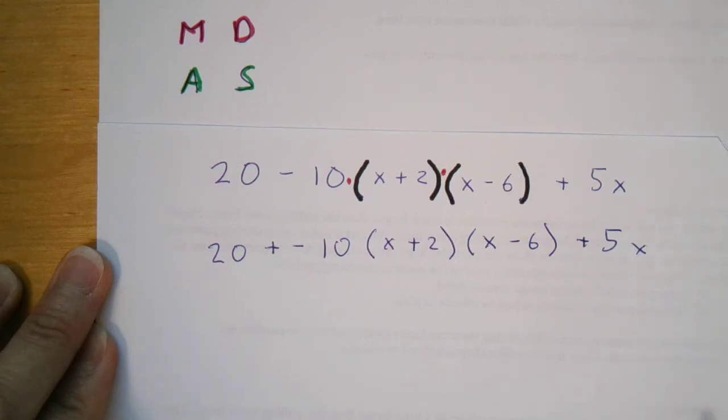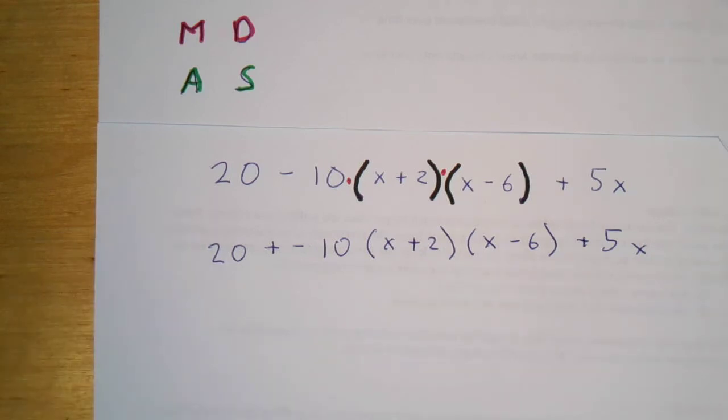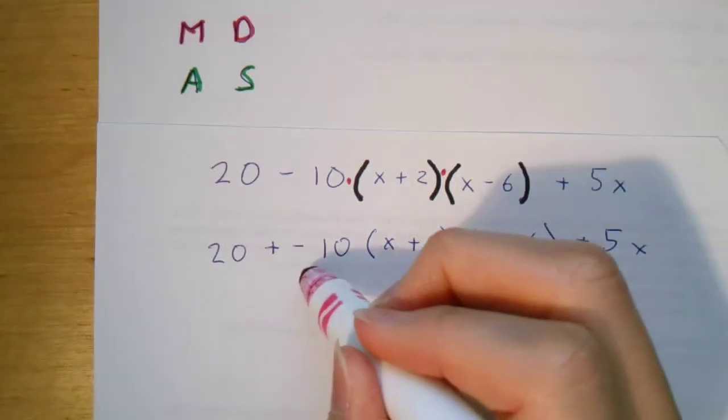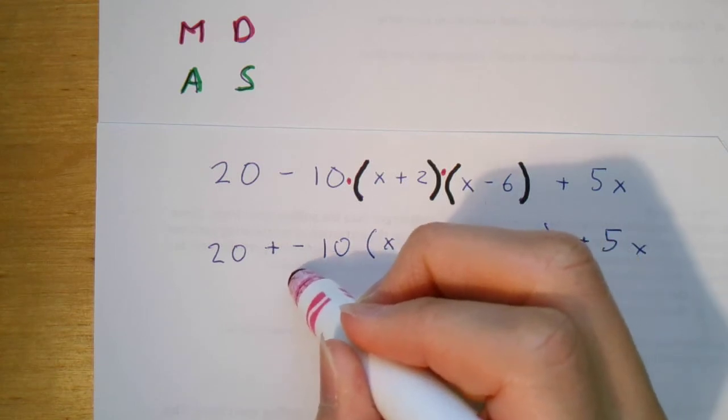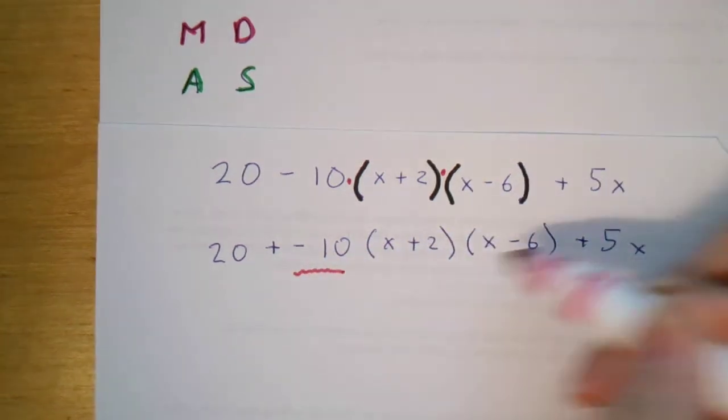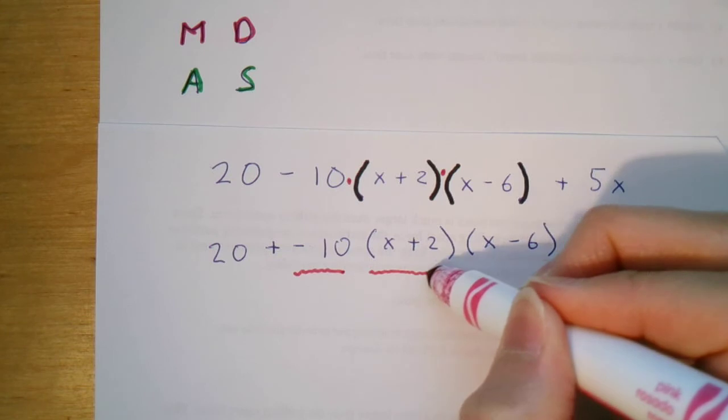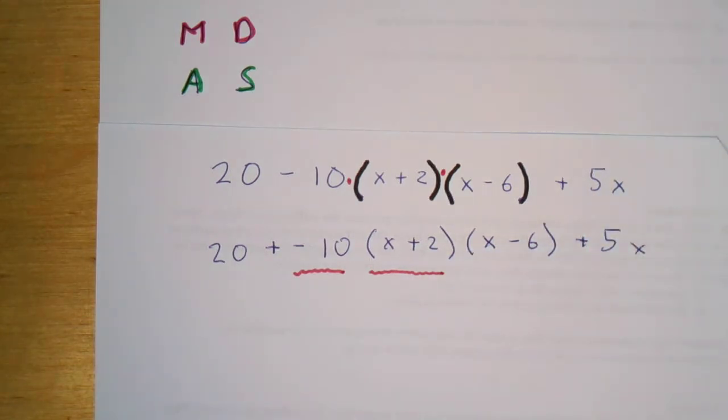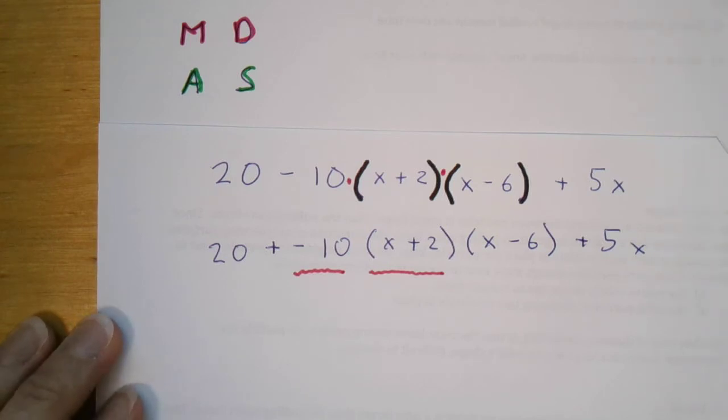Okay, so first thing I'm going to do is multiply my negative 10 by my x plus 2. Once again, if you don't remember how to multiply, go to my video explaining how to multiply polynomials.